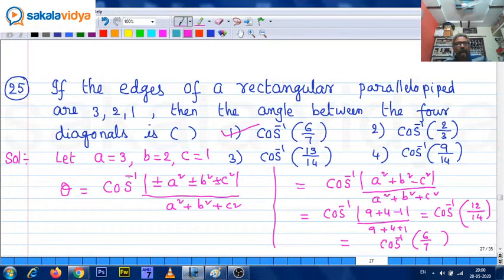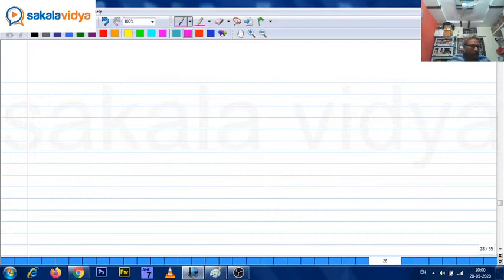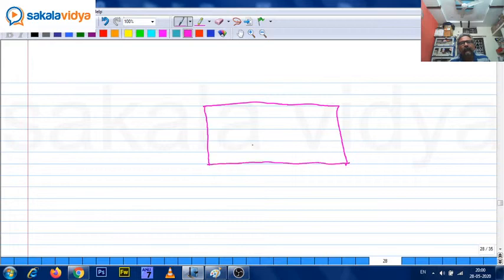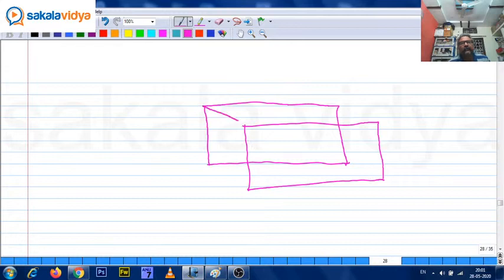So now I will explain here one thing. See, for example, you take a rectangle here. You take one more rectangle like this. You join this one.